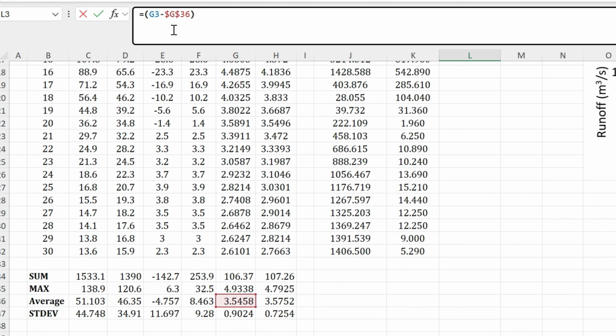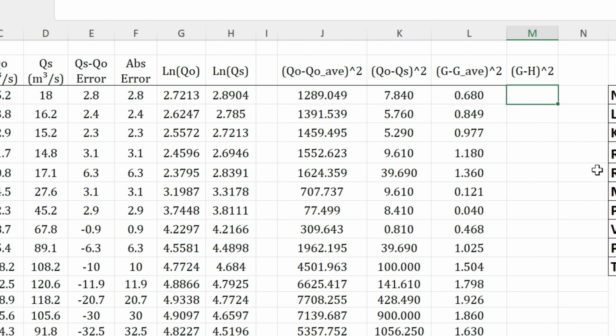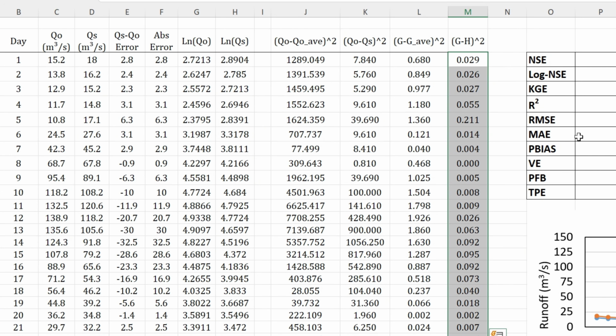And of course, a power of 2. Drag it down. And then the last one is the difference between observed and simulated log transform values to the power of 2, which will be dragged down. Now we are ready to start the calculation of the performance metrics.